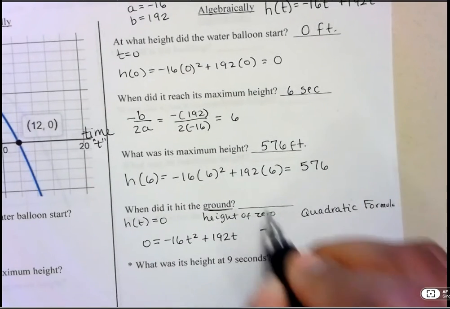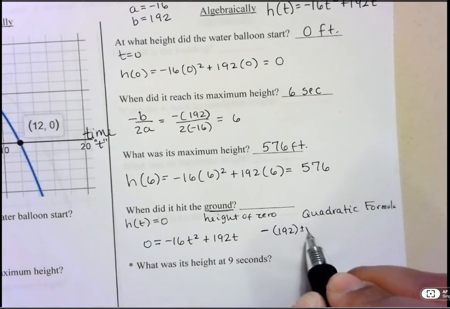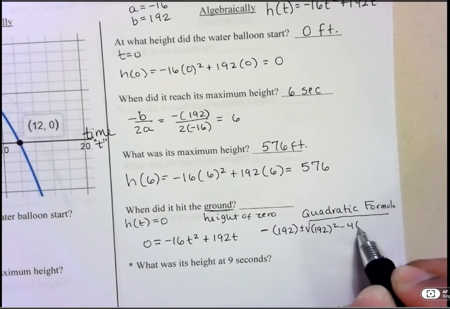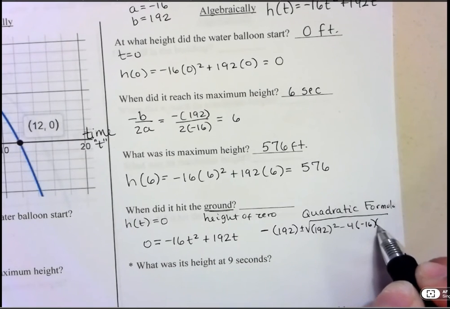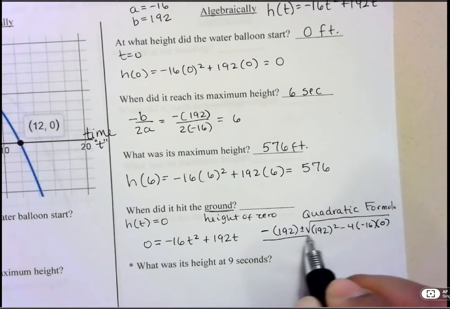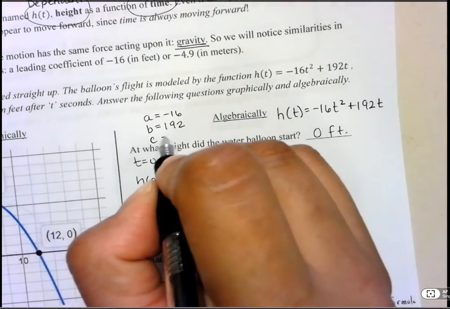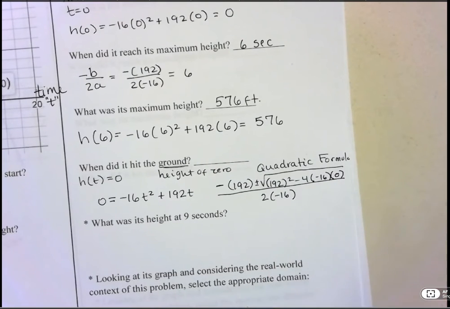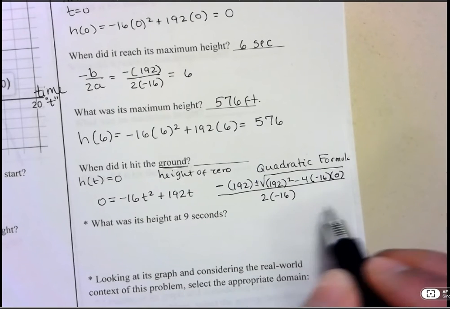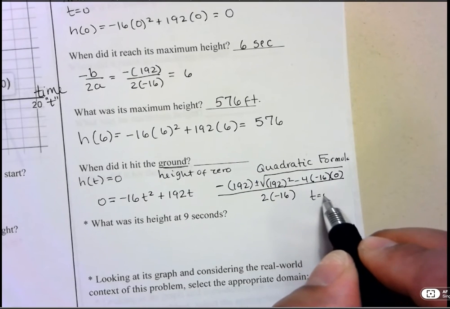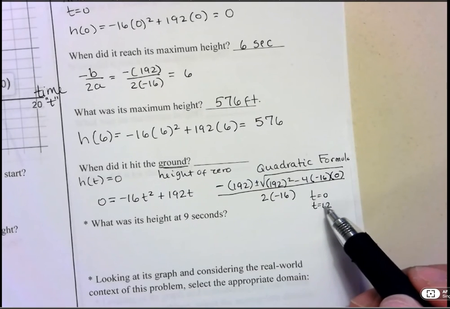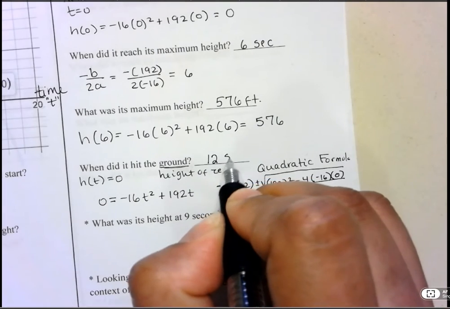B we said was 192, plus or minus the square root of b squared minus 4ac, c is 0, forgot to mention that, over 2 times a. And when you type this into the calculator, and I recommend that you do, we get two answers. We get t equals 0 and t equals 12. Now we know it's not t equals 0 because that's when it started, so it has to be 12. So it hits the ground 12 seconds after launching.